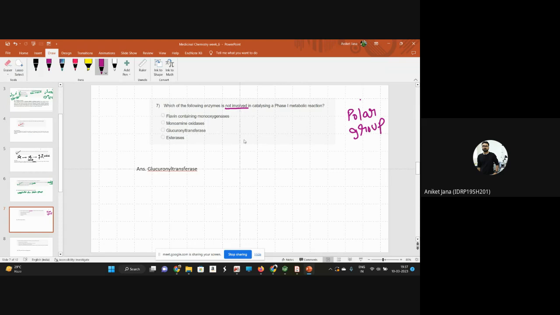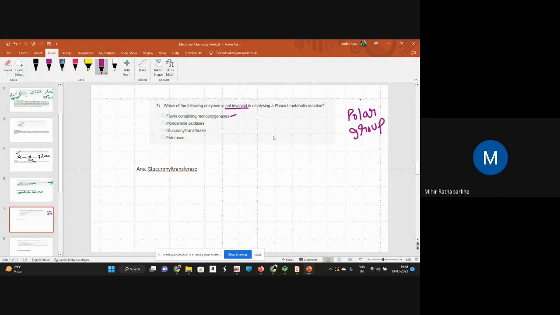Okay, so we try to assess the function of these enzymes one by one, so we can find which one is not involved in transferring a polar group. At first there is flavin containing monooxygenases. Is this catalyzing a phase 1 metabolic reaction?